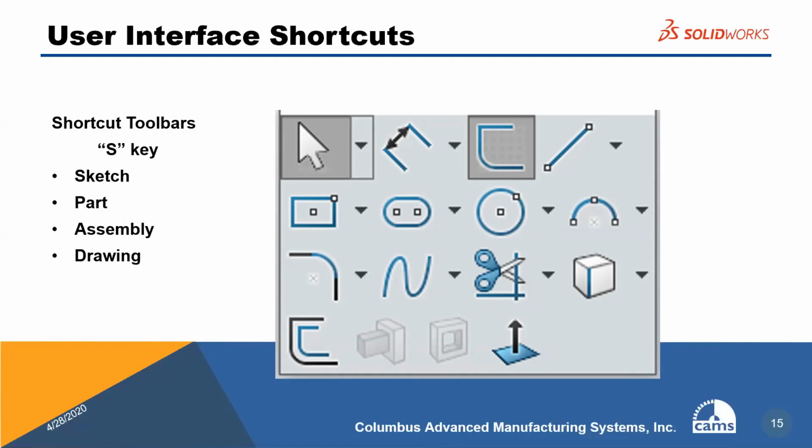And that Flyout toolbar is available in all 4 modes. So if I'm sketching, working with a part, an assembly, or a drawing, this toolbar is available, but changes to the tools that I would need in each of those 4 modes.